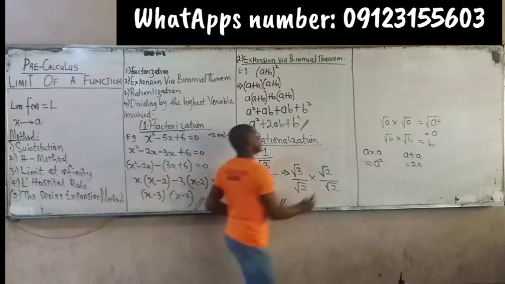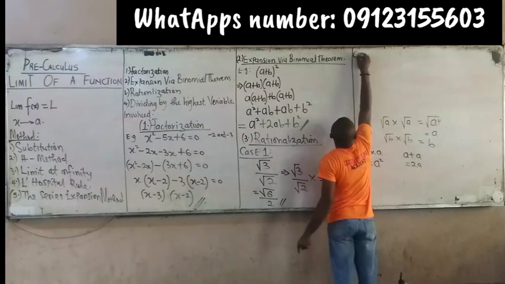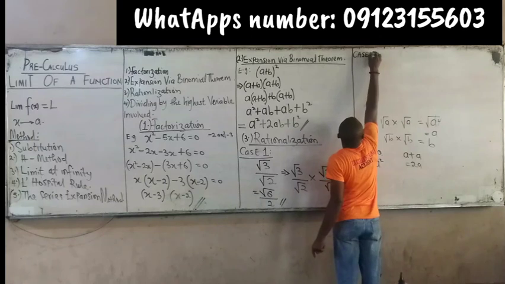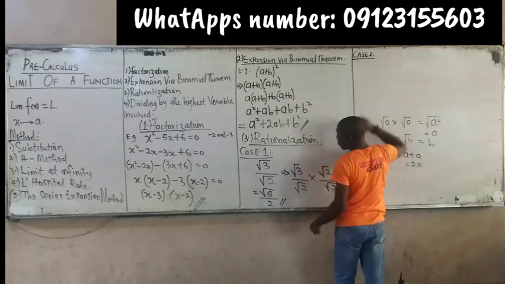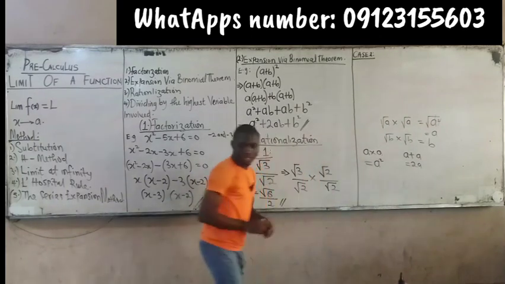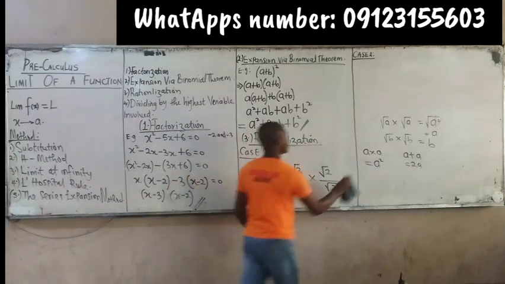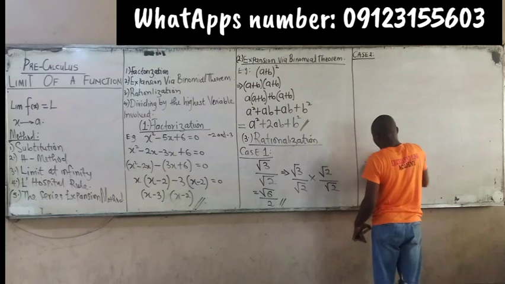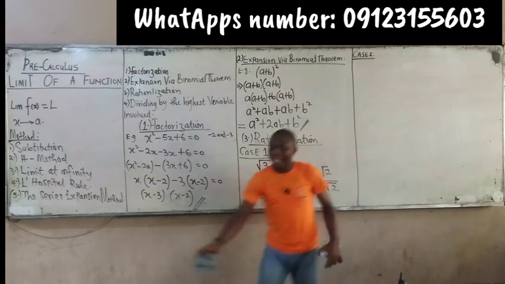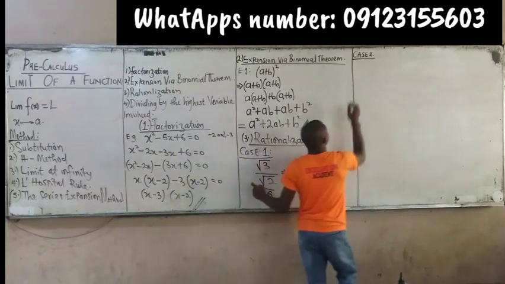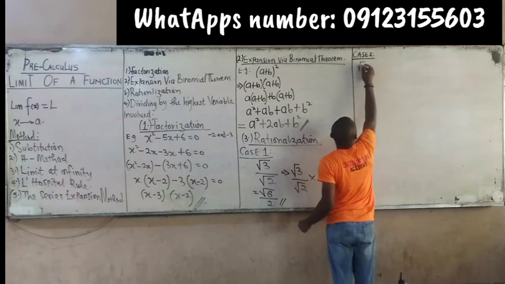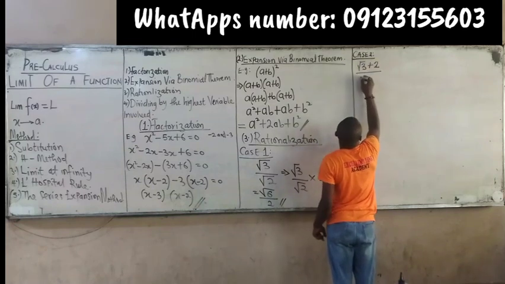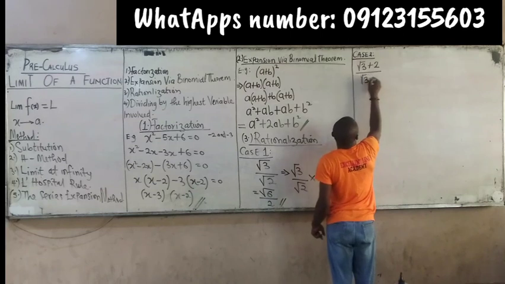Let's discuss case 2, when it comes to solving a problem involving rationalization. Alright, for case 2, let's say I have root 3 plus 2 all over root 3 minus 2.